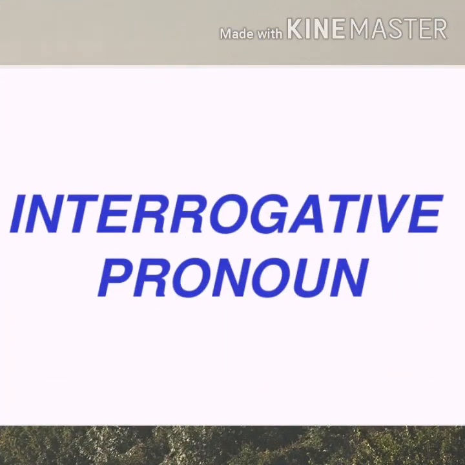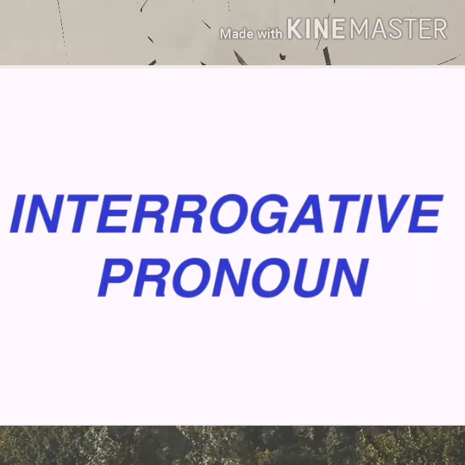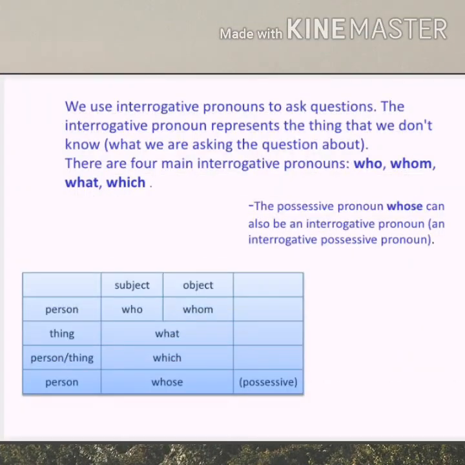Now let's try to understand interrogative pronouns. We use interrogative pronouns to ask questions. The interrogative pronouns represent the things that we don't know, what we are asking the question about. There are four main interrogative pronouns: who, whom, what, and which.